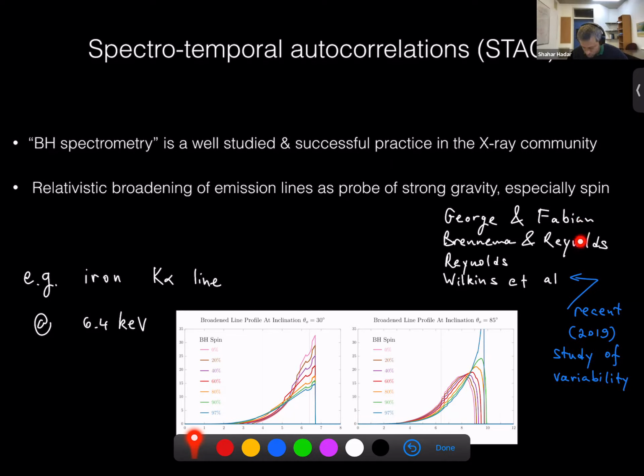These are only a few references here, and specifically, there's an interesting Nature paper by Wilkins et al. that appeared 3 years ago or so, studying certain flaring sources and their reflection, which was interpreted there as a reflection from the disk of these flares. So variability was also considered, but not exactly what we're doing, though it's very related.